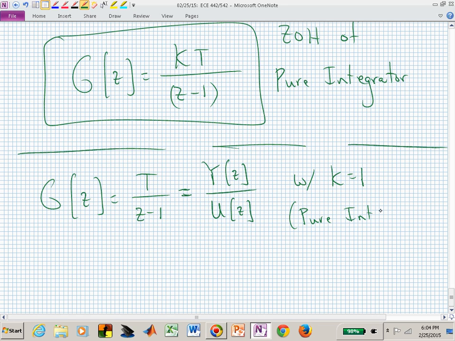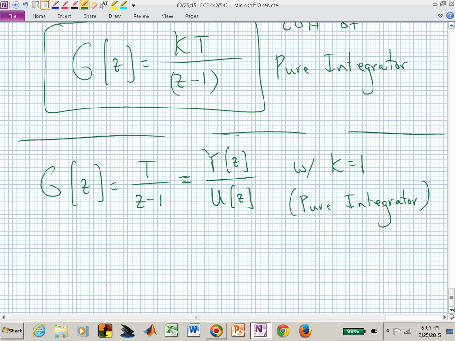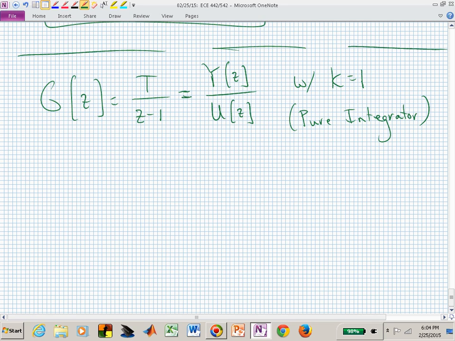That's now this pure integrator with a gain of 1. If we cross multiply, we'll end up with one equation, and actually I'm going to cross multiply and flip the sides, if that makes sense.